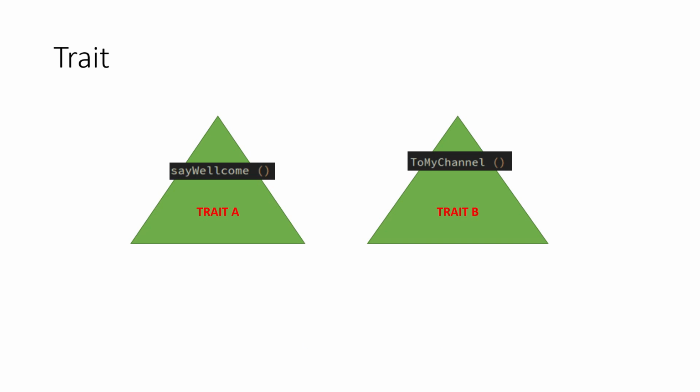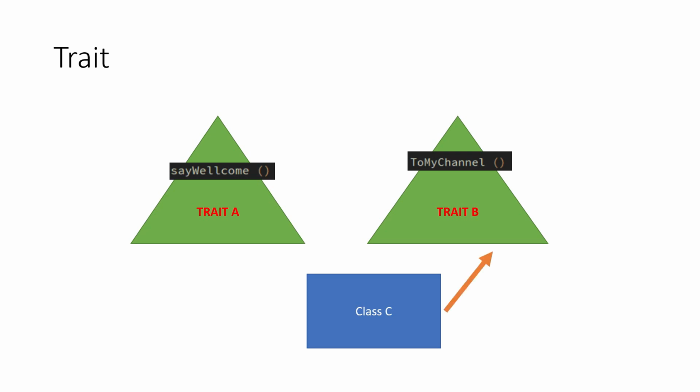So we have two traits, A and B, and we have a class C that uses both trait B and A. This class C is not inherited, it just uses trait B and A.